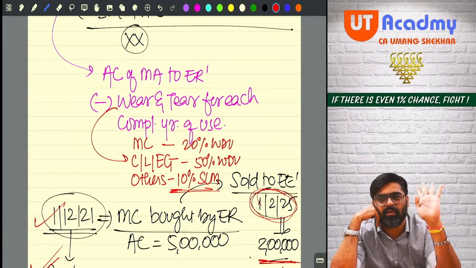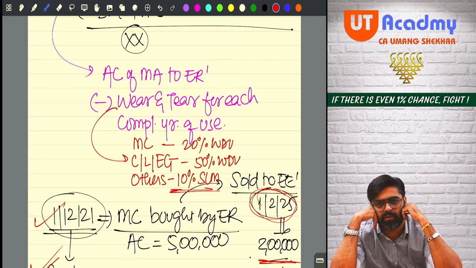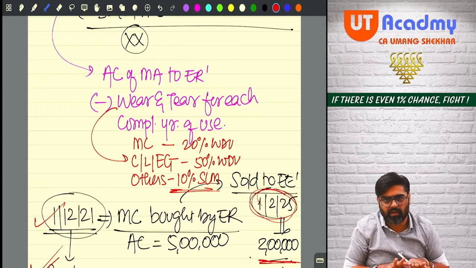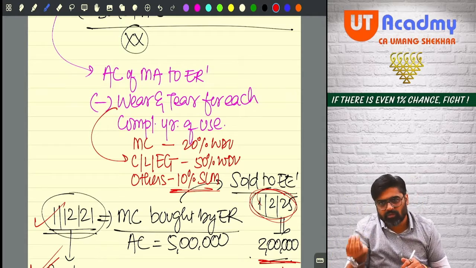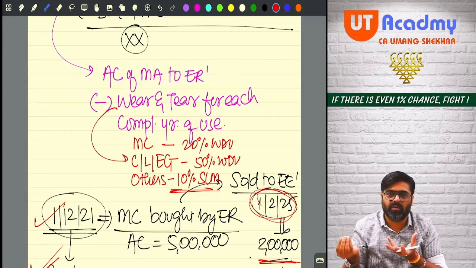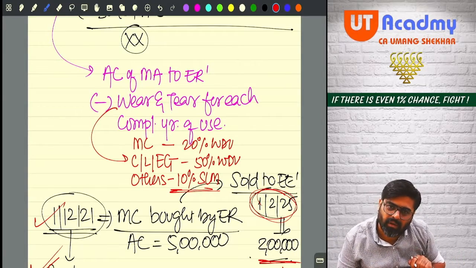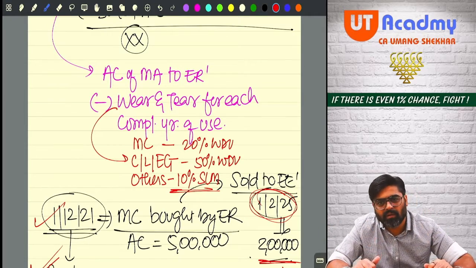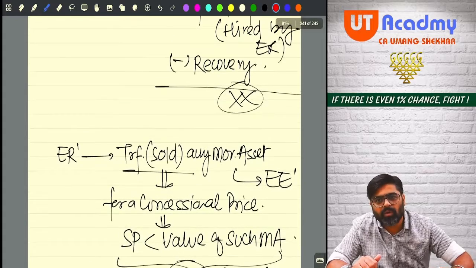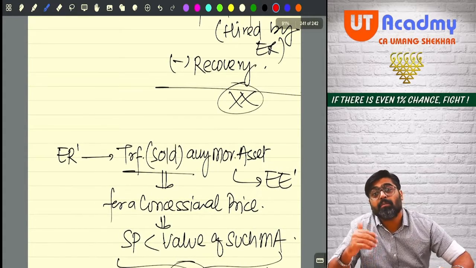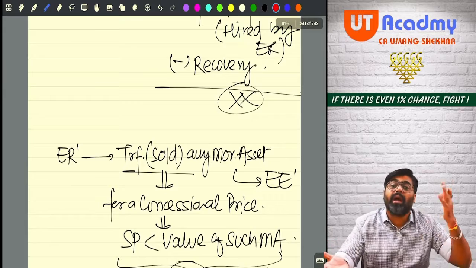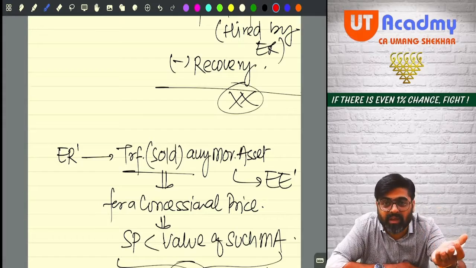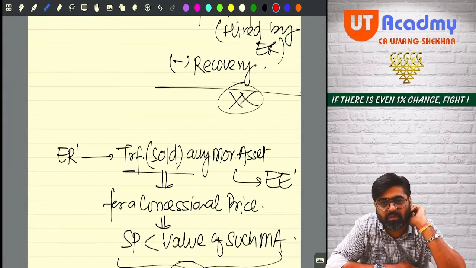If you are saying gold, will you ever depreciate the gold? Gold, what is the fair market value as on today, given to you for some amount which is less than the value? Will you depreciate gold, or will you take the full value minus the amount paid? That will be the benefit. What we are saying here is movable assets which, after being acquired and before being sold to you, were used in the business and were eligible for wear and tear. I'm talking about those assets. Got it?